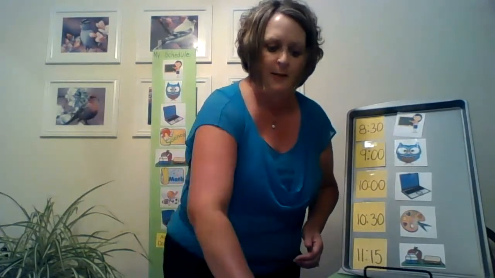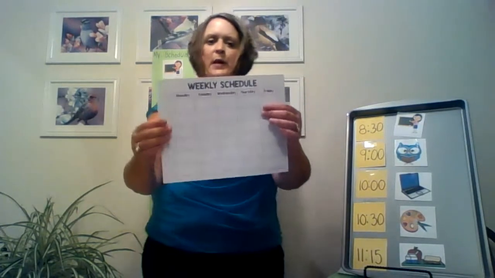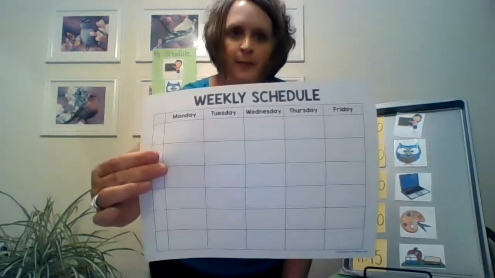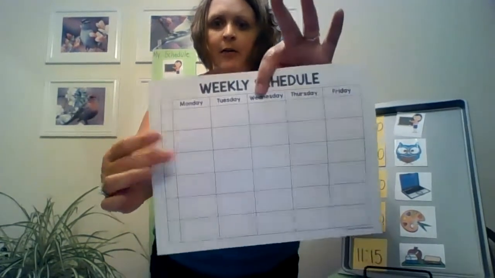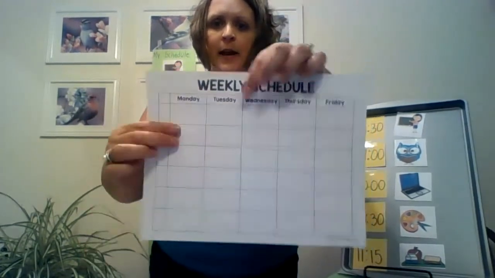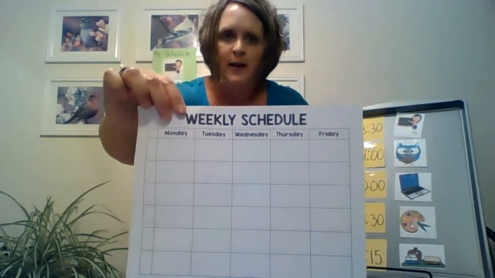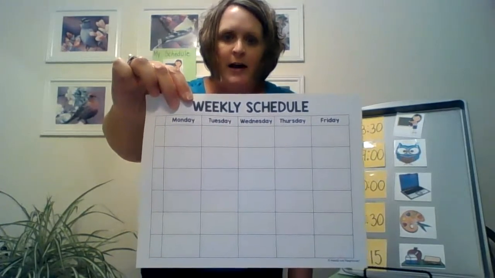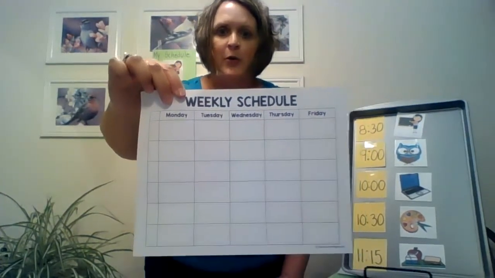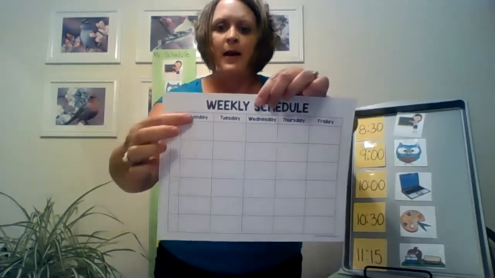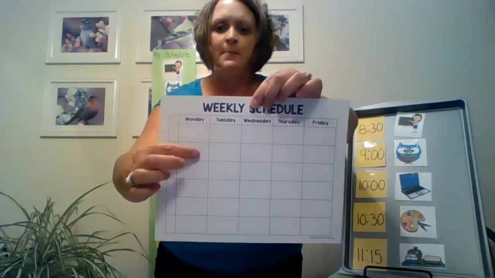The next example is a weekly schedule. Okay, broken down into the times and the days of the week going across. And this might be used by a middle schooler or a high schooler. And a high schooler, depending on their schedule, they might have a block here that this is biology.